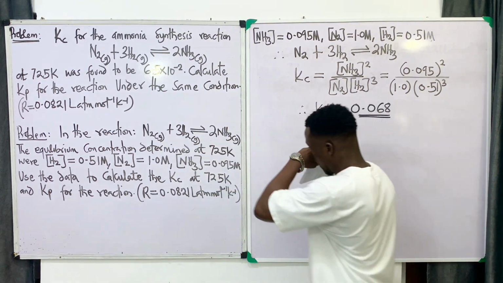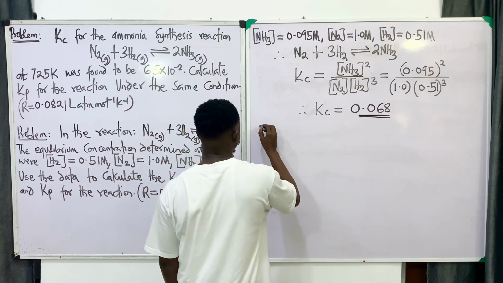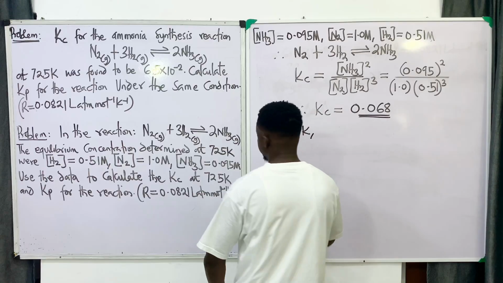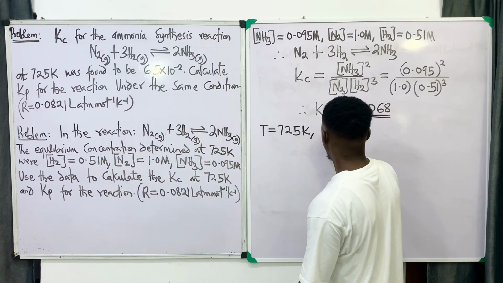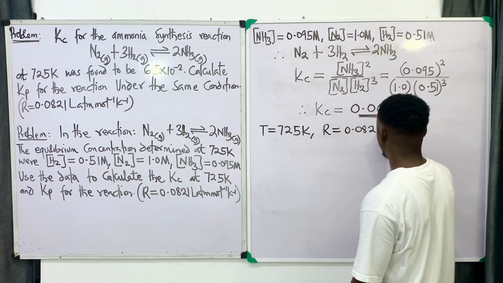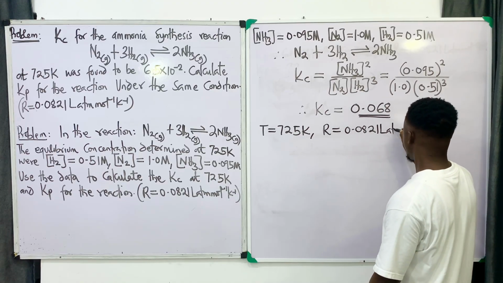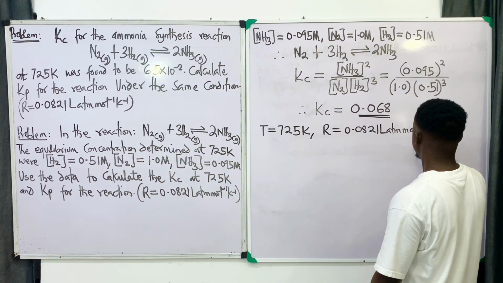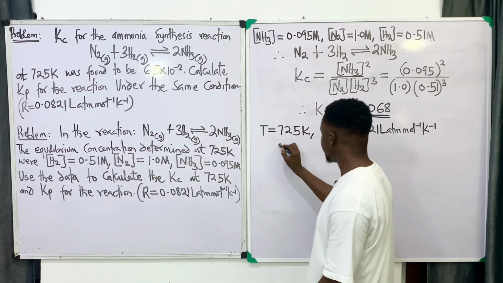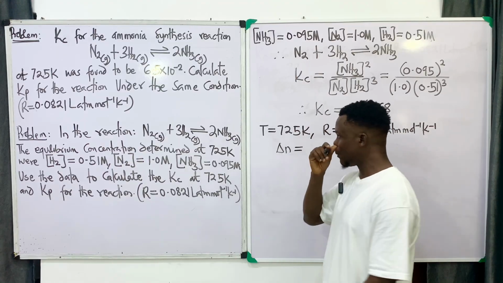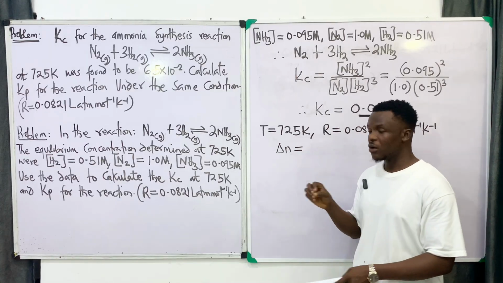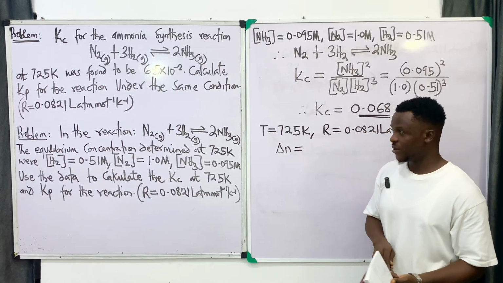Okay, so I'll now say the temperature is 725 Kelvin, right? Our R, we already stated it here, 0.0821 liters atm per mole per Kelvin. Now our delta N is very similar to the first one. This is the difference in the moles of the gaseous product and the gaseous reactant.